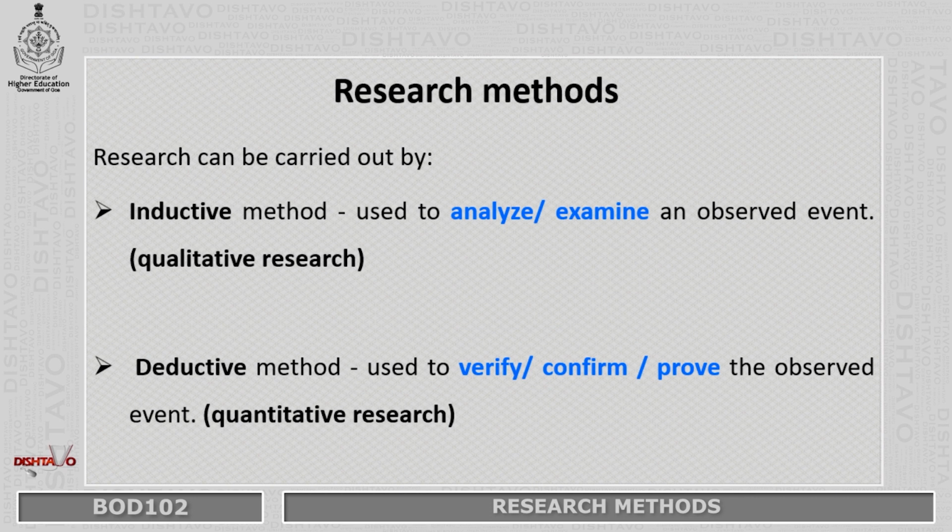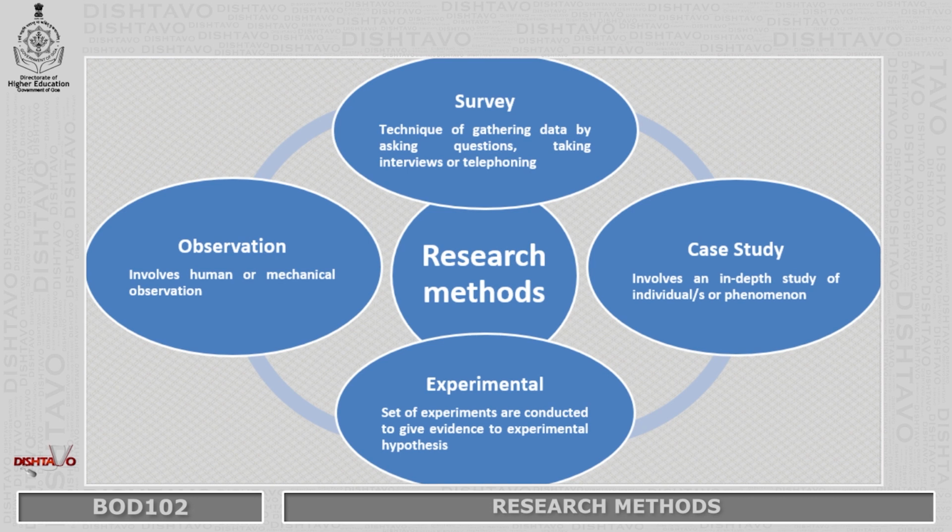The second method is called the deductive method, which is used to verify or confirm or prove the observed event. This is also referred to as quantitative research.